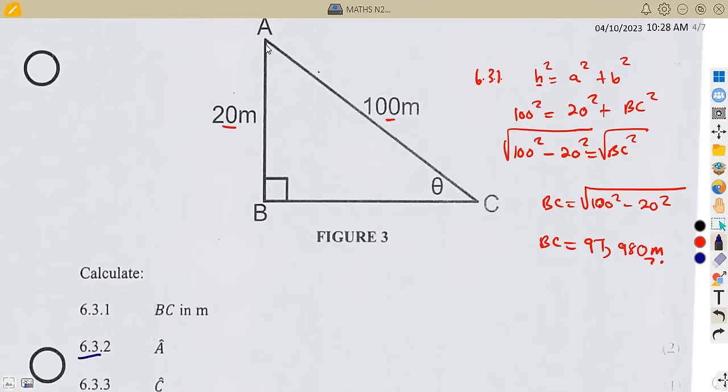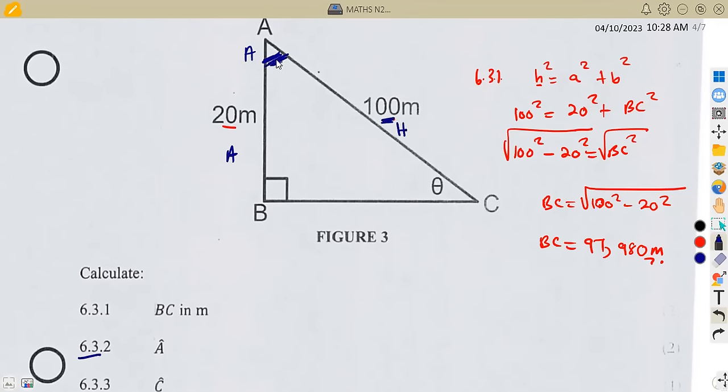6.32, the value of angle A. Take note, this is our A, so we need the angle at point A. How can we determine it? According to angle A, we have 20 meters, which is the adjacent, and 100 meters, which is the hypotenuse.